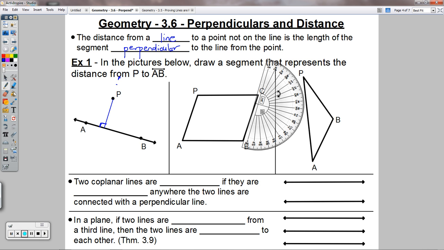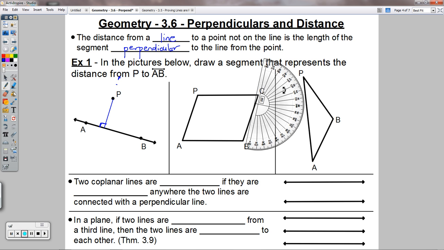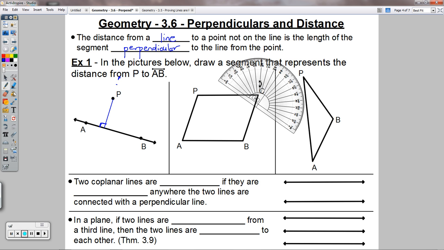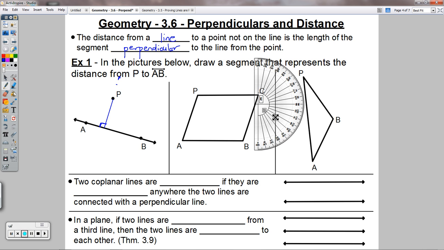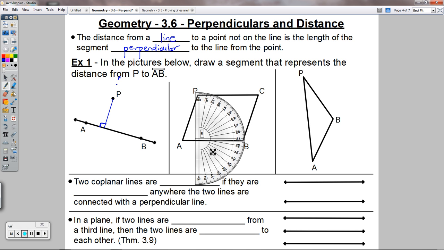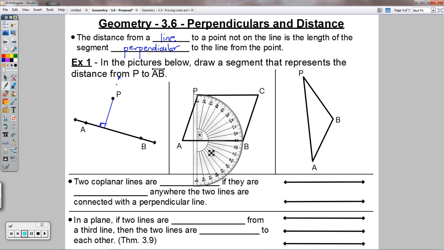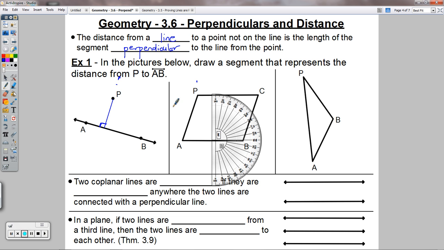So let's do the same thing with this one. So I'm going to line up AB with the 90 degrees and connect it to P. That looks good. And then I'm just connecting P to AB just like that, right along the edge there.